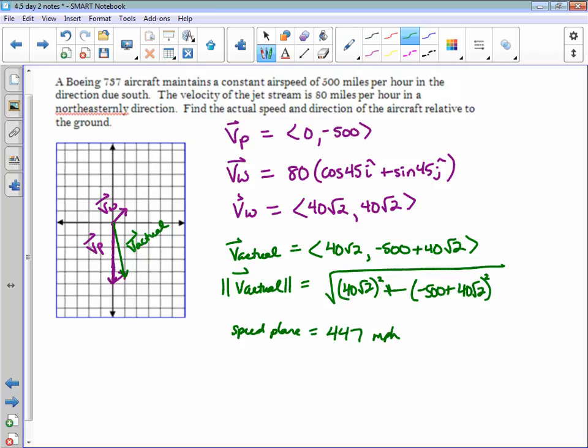Way more than 500. All right, so we're okay with magnitude. We know how fast the plane is going. Does that make sense to everybody?